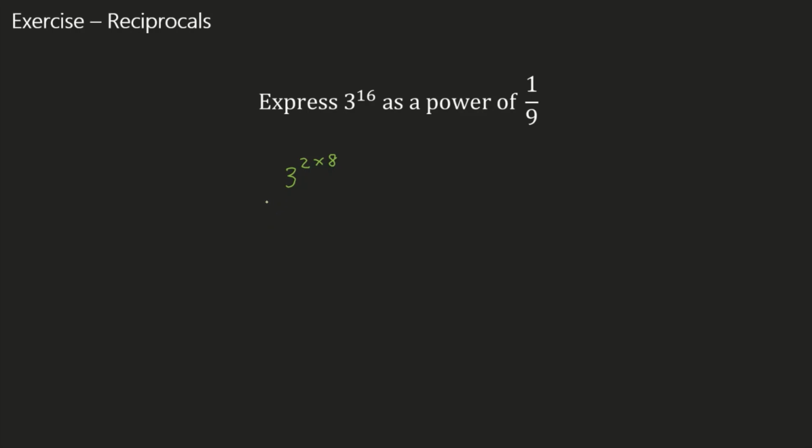And we know from our exponent of exponent power rule, this is the same as 3 squared, this whole thing raised to the 8th power. So 3 squared is 9, so this becomes 9 raised to the 8th power. And we know from earlier, using the negative exponent, a 9 can be rewritten as 1 over 9 raised to the negative 1.